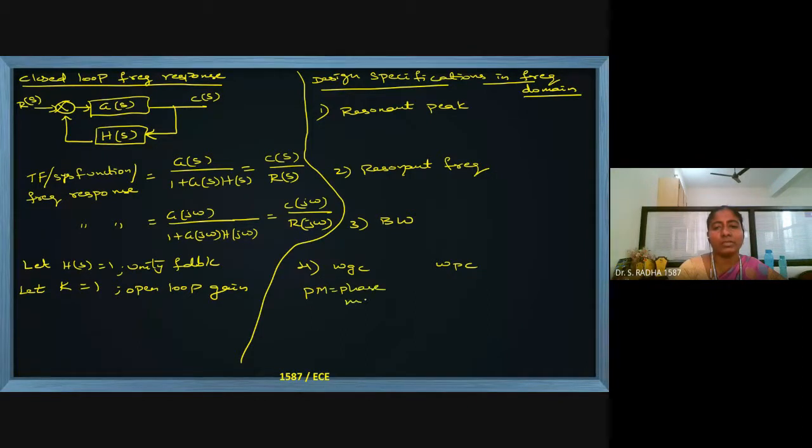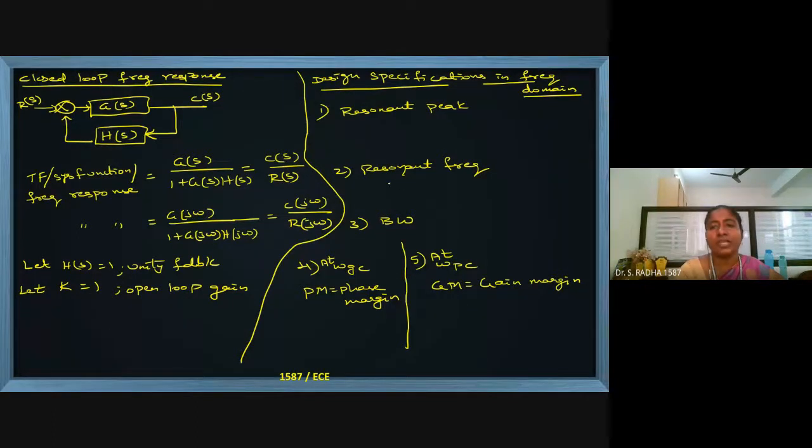I will put omega GC and phase margin together. Fifth specification, at omega PC, we will calculate gain margin. Instead of separate parameters omega PC, omega GC, I am combining them, so only 5 specifications I got.